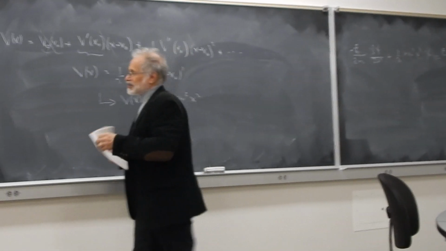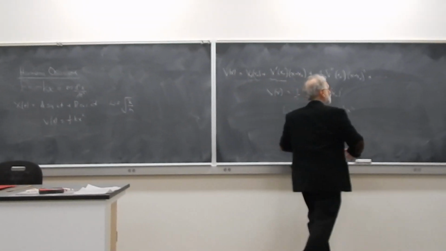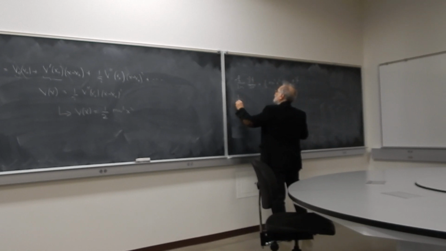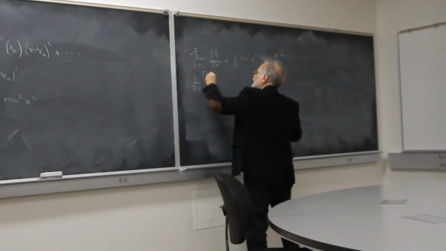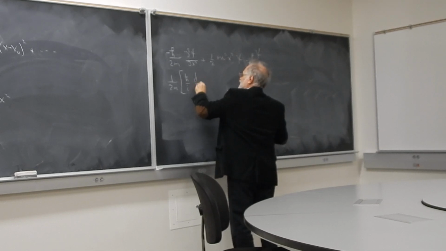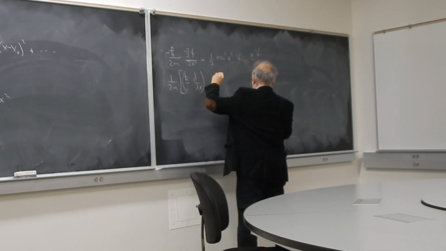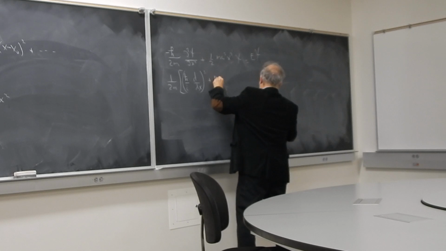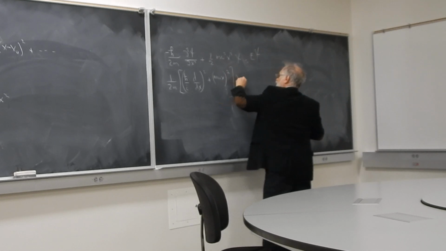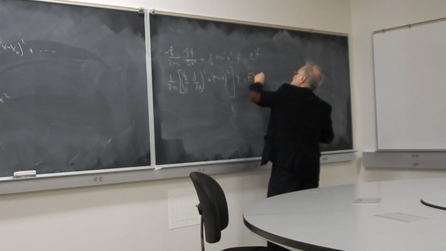I'm going to rewrite the Schrodinger equation, and I'll rewrite it as 1 over 2m, put in my momentum operator, h bar over i d dx quantity squared plus m omega x squared times psi is equal to E psi.